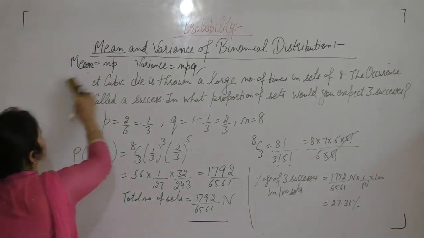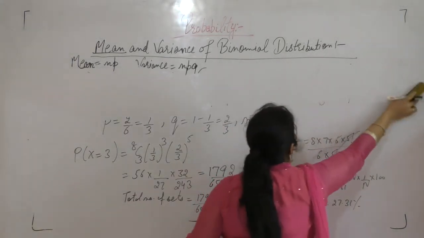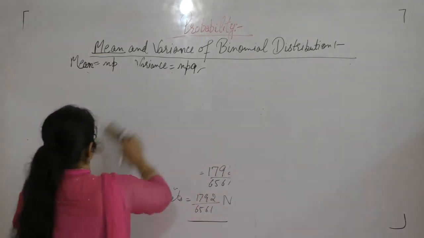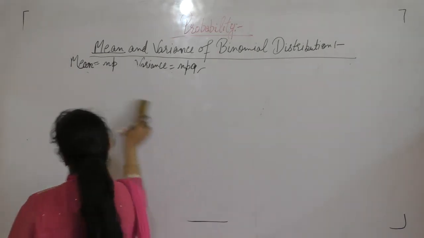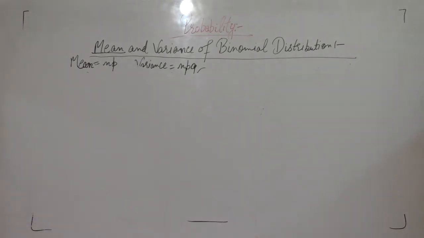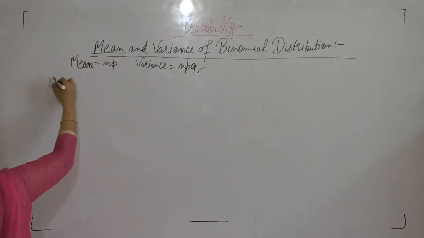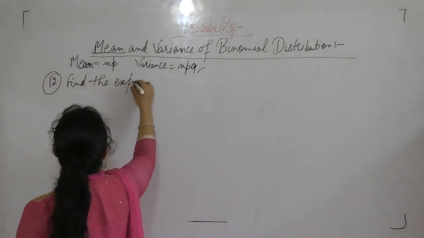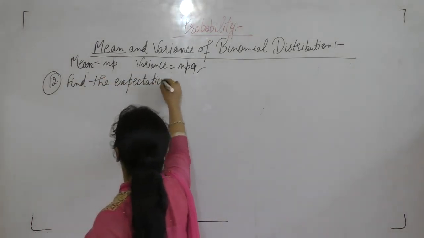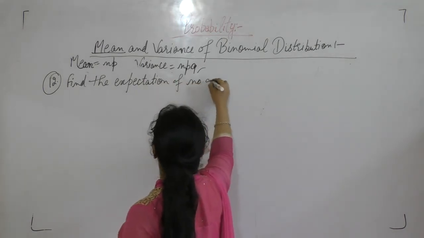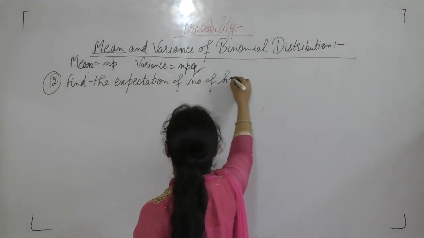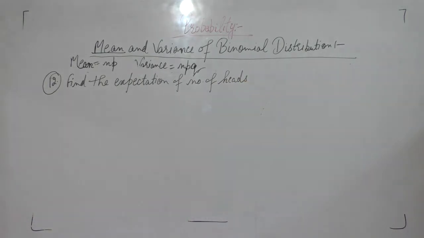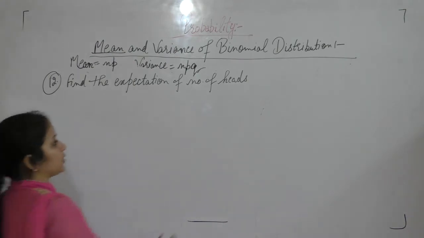Next is question number 12. Find the expectation of number of heads in 15 tosses of coin.